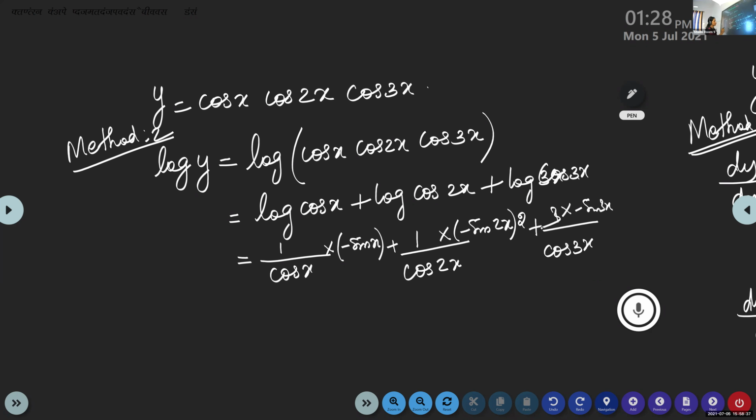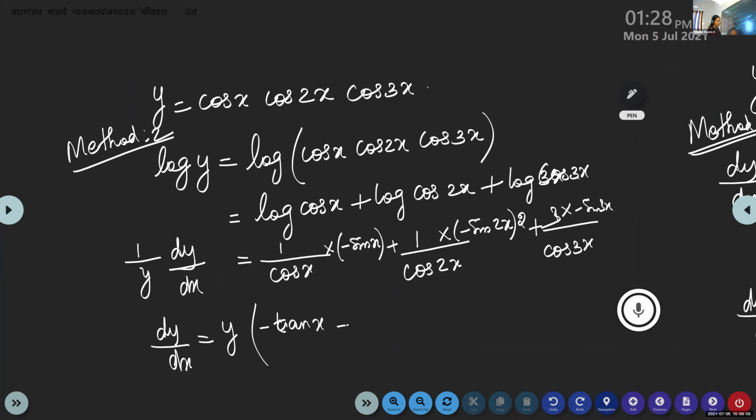So we can write this as here when we differentiate log y, it will be 1 by y dy by dx. Therefore, what is dy by dx? dy by dx will be y into minus sin by cos, that is minus tan x, minus again sin 2x by cos 2x, we will get tan 2x into 2, again minus 3 tan 3x.